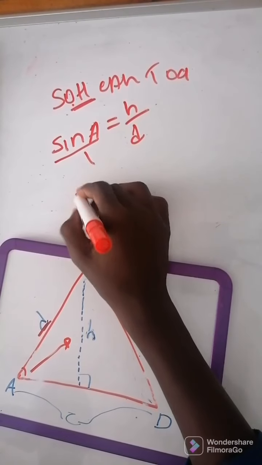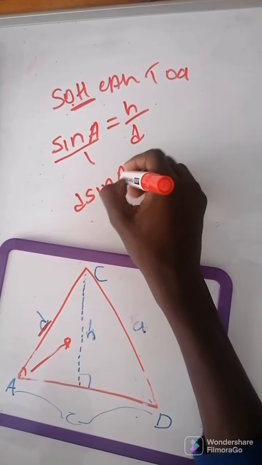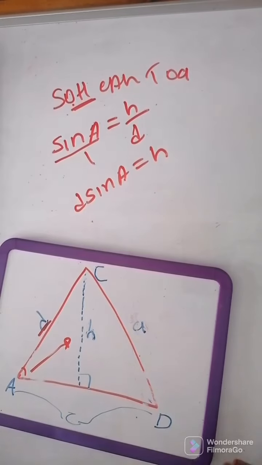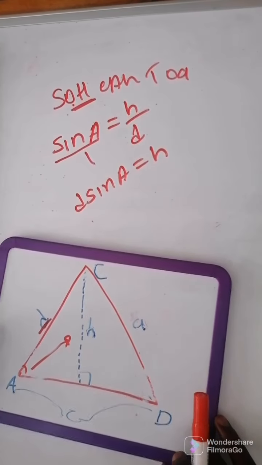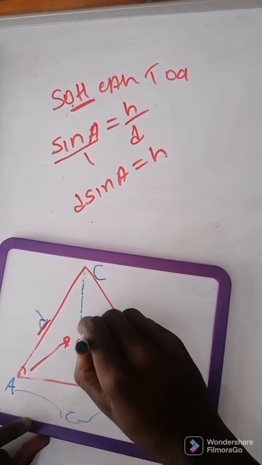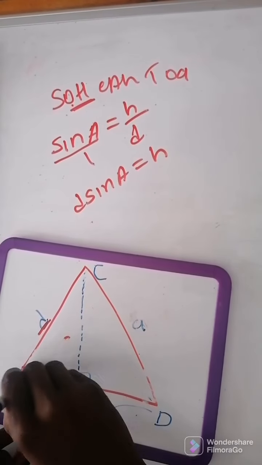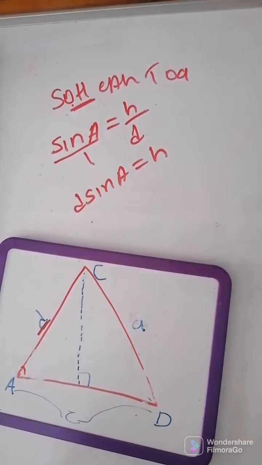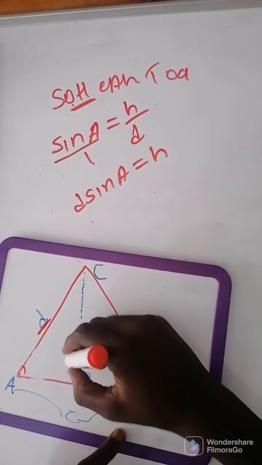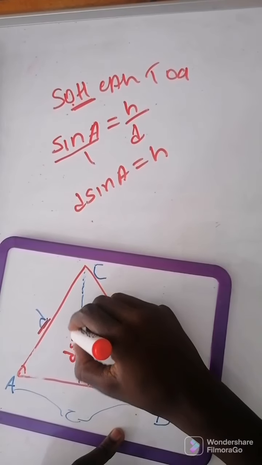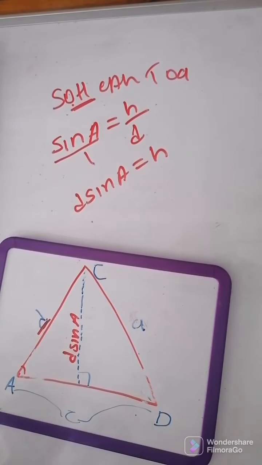So it's d sin A equals H, right? Okay, cool. So what do you have here? For H, we have d sin A. d sin A, right?